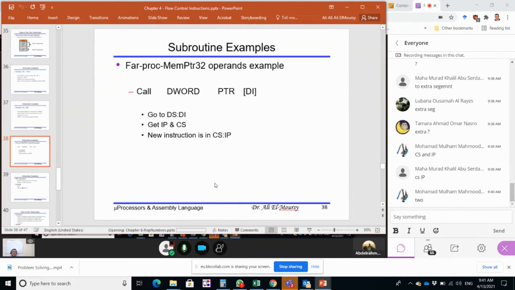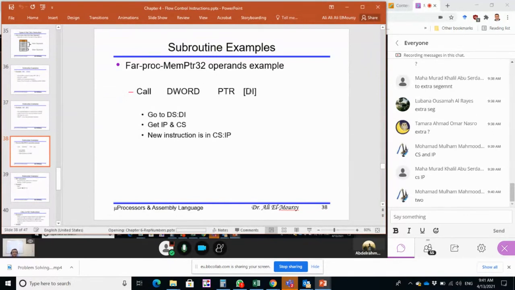So before I retrieve this data from the data segment, what do I do? I have to push the IP register and the current CS register into the stack.